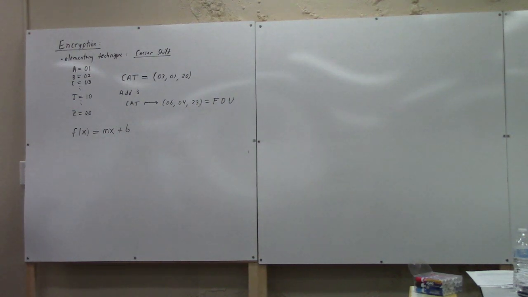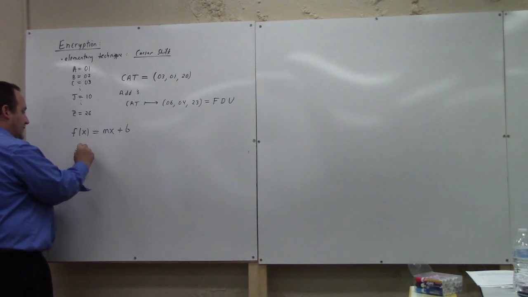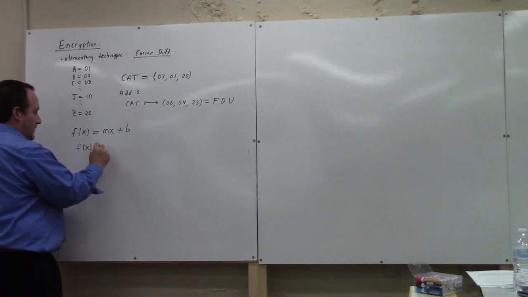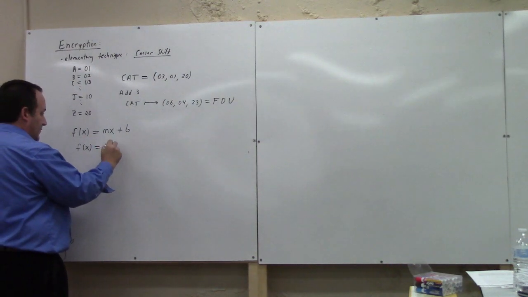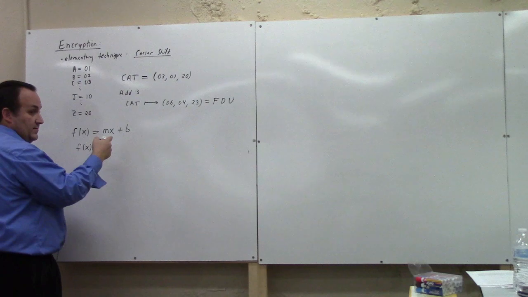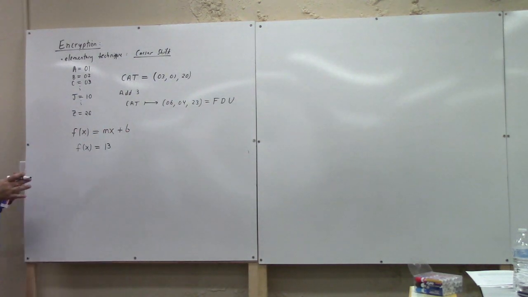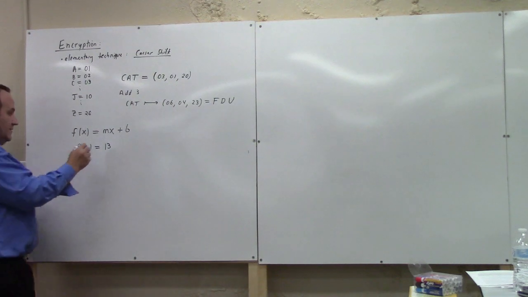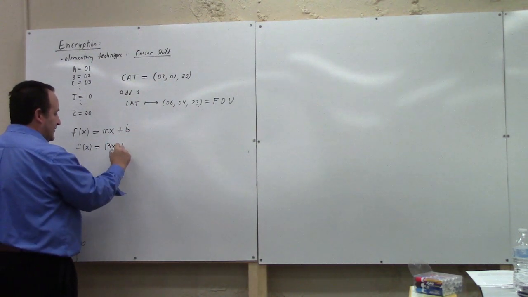Here, for example, M should be the same, since this is the encryption formula for that homework problem. Just for the sake of discussion, suppose it's 13x plus 2.